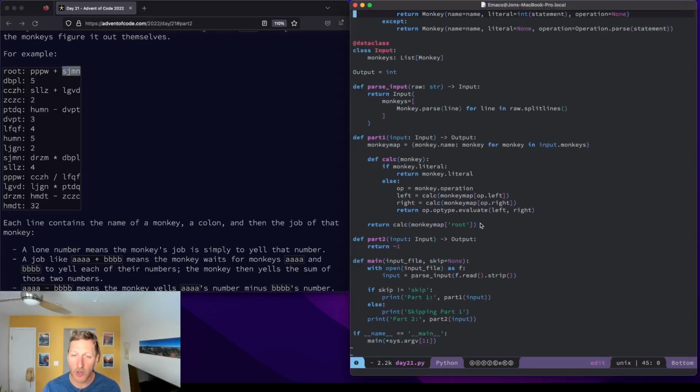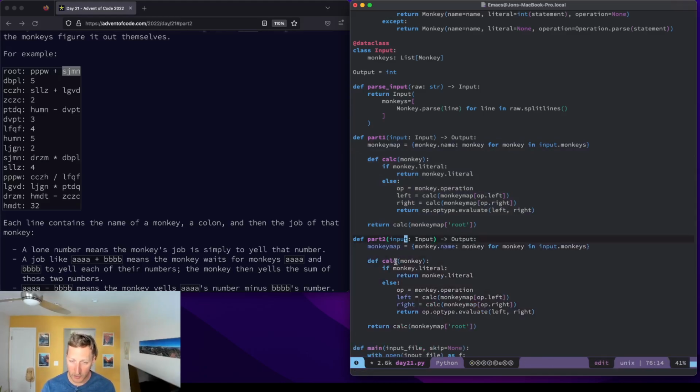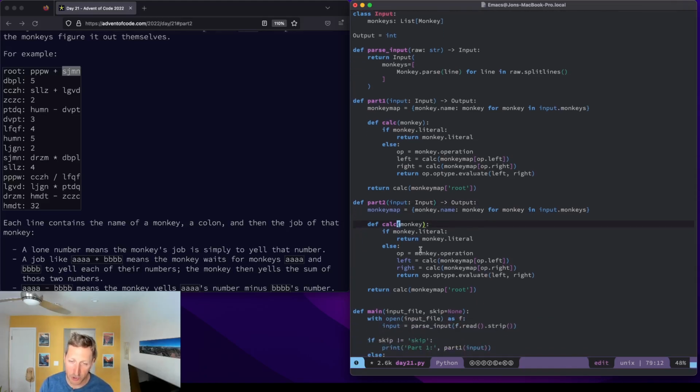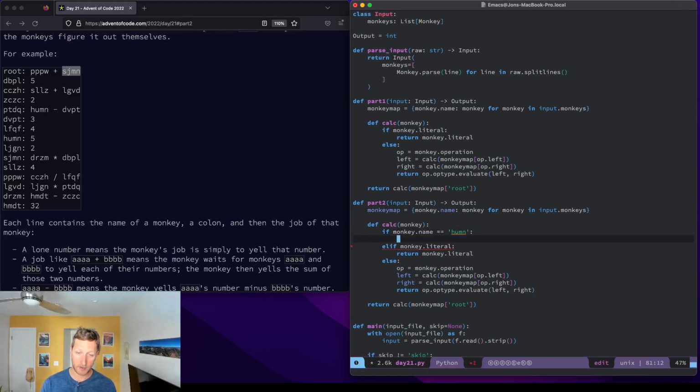So what I'm going to do is here, we're going to do this calculation, but the first thing we're going to do is check if monkey.name is equal to human, then raise an exception.